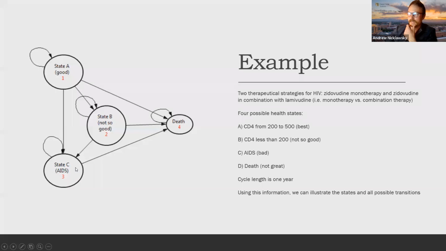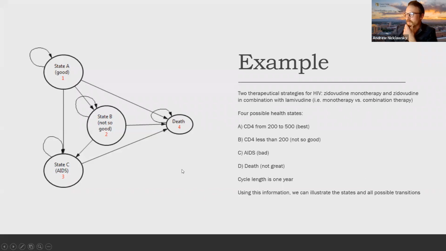State C is having AIDS, which is bad. And death is our state 4, which is also not a great result. So in this model, we're comparing 2 different therapies, monotherapy versus combination therapy. And I'm not going to embarrass myself by trying to pronounce those drugs.